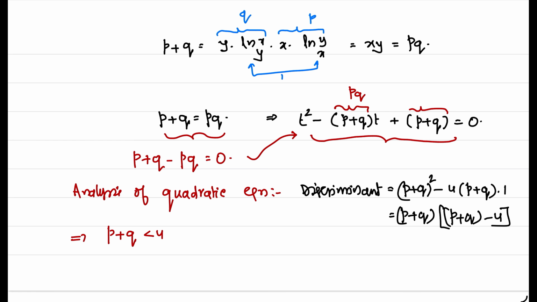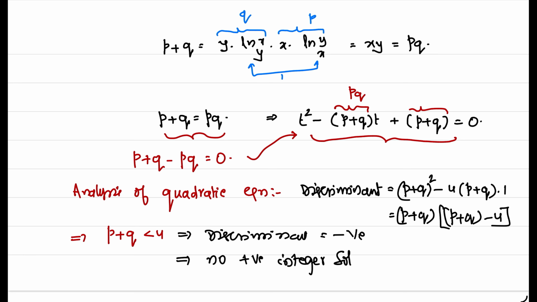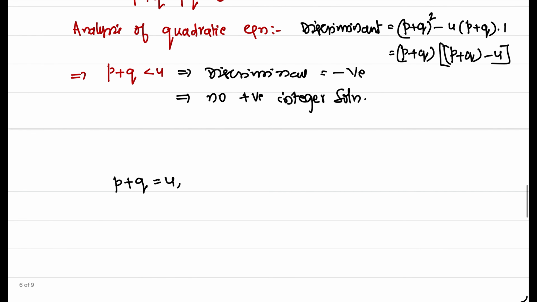When P plus Q is less than 4, the discriminant is negative. That implies no positive integer solution. The first case is less than 4; the second case is equal to 4.